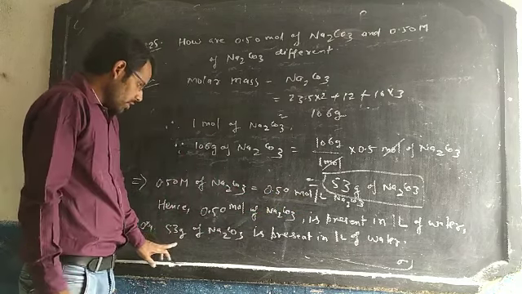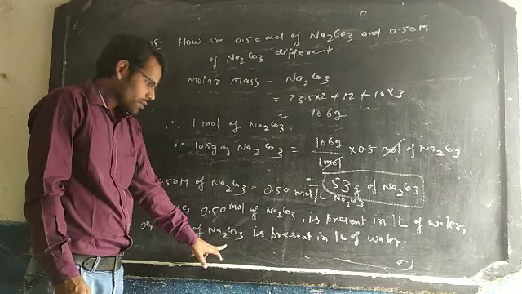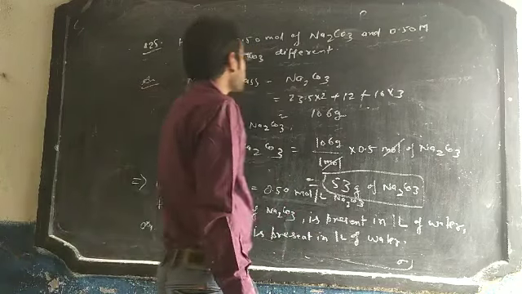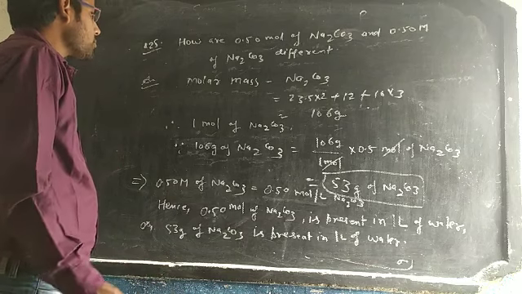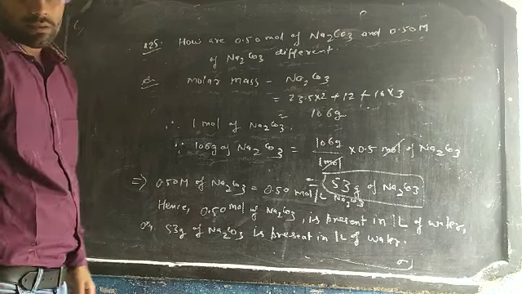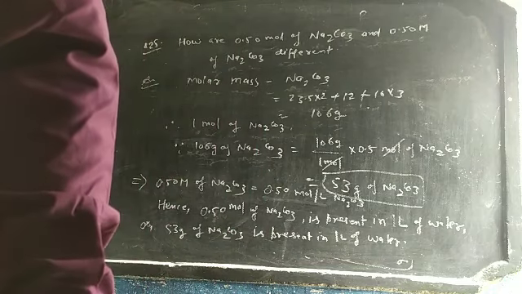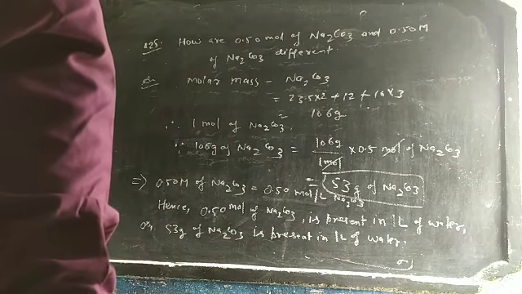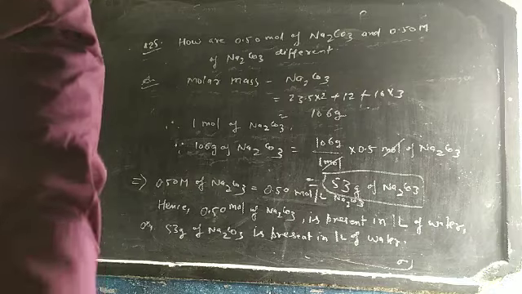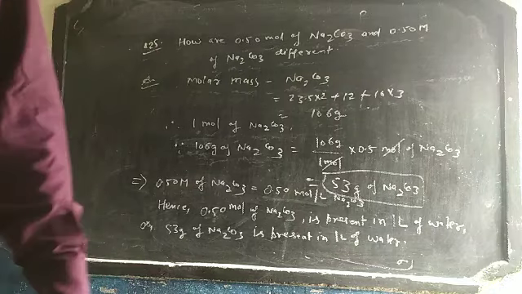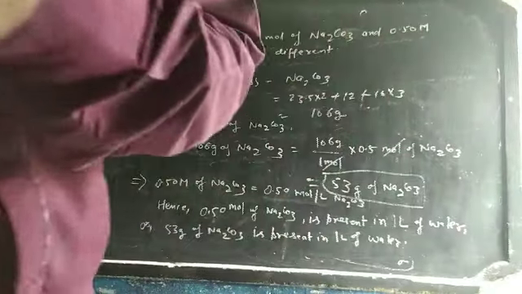Therefore, 53 gram of Na2CO3 is present in 1 liter of water. Means both things are similar, not different. Okay? In this way, we have to solve the question.